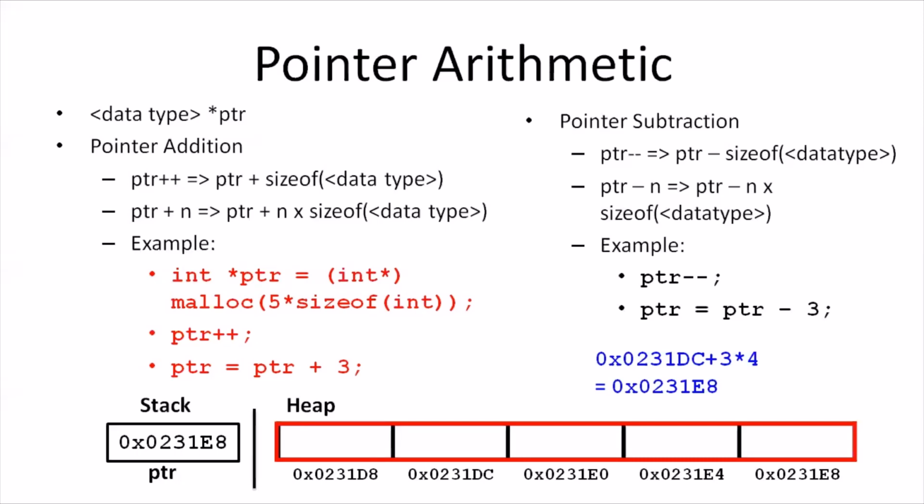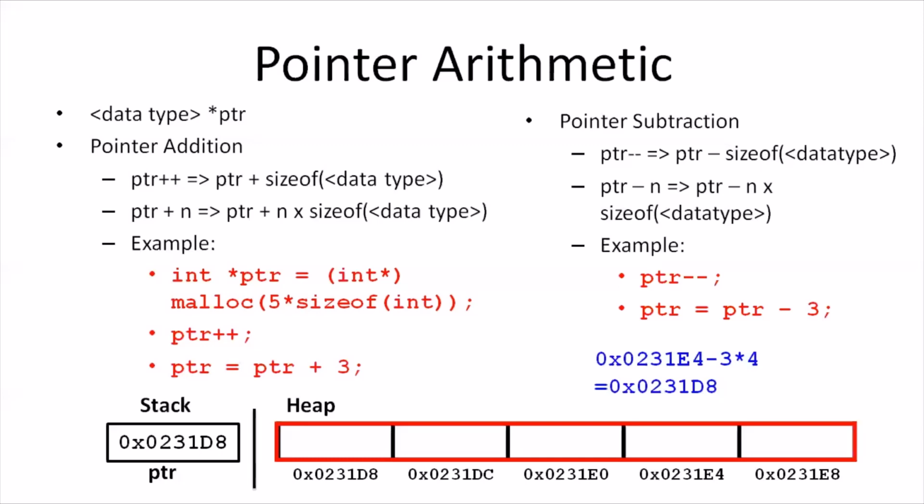Similarly, when decrementing ptr by 1, we actually deduct 4 from ptr. This is because ptr is a pointer to an integer and an integer takes 4 bytes. Thus, on executing ptr--, the value of ptr changes from 0x0231E8 to 0x0231E4. And on deducting 3 from ptr, actually 3 * 4, which is equal to 12, gets deducted from it.